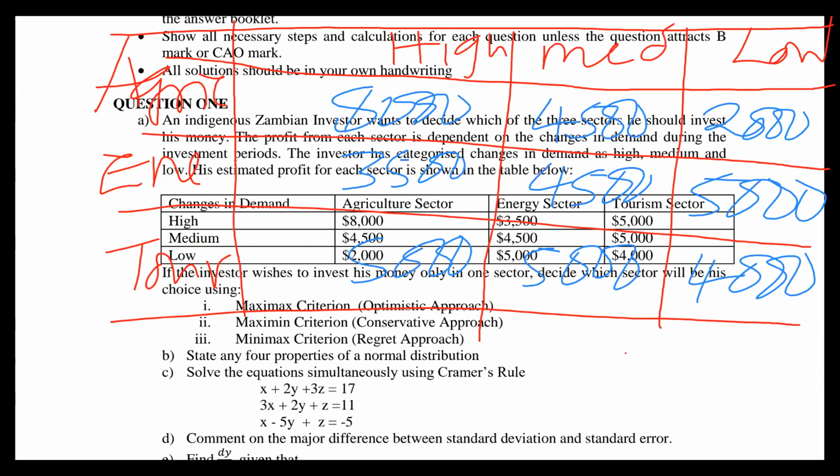So once they are presented like this, the question is, if the investor wishes to invest his money only in one sector, decide which sector will be his choice using the maximax criterion, which is also called the optimistic approach, the maximin criterion, which is called the conservative approach, and the minimax criterion, which is the regret approach.